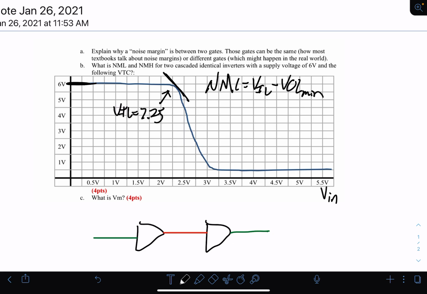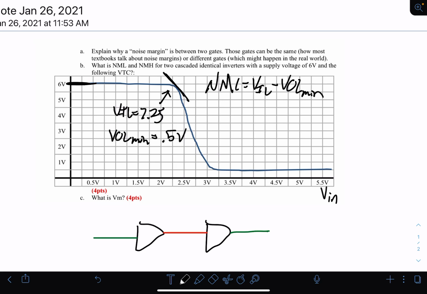And then V out low min will be the minimum value that is outputted and accepted as a logical low. So we're going to look along here and say, okay, the minimum value that's outputted as a logical low is about 0.5 volts. So V out low min is equal to 0.5 volts.